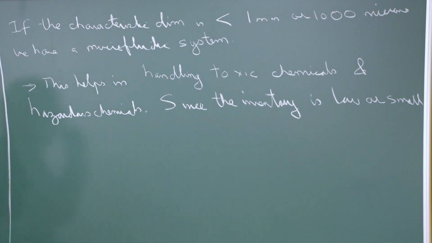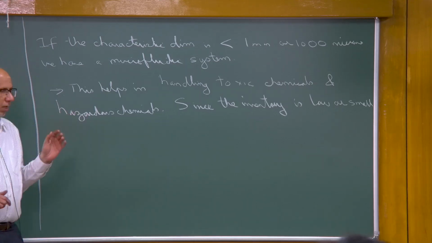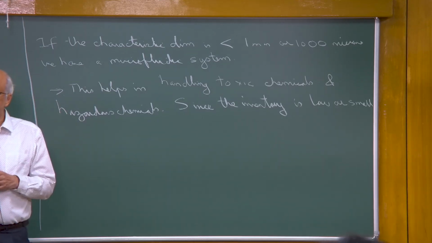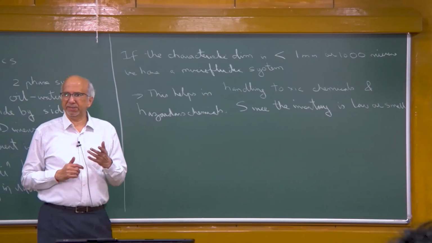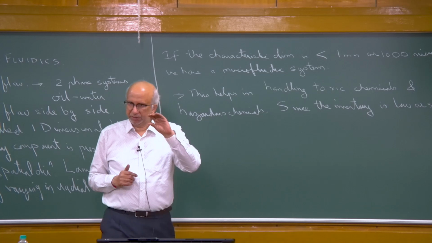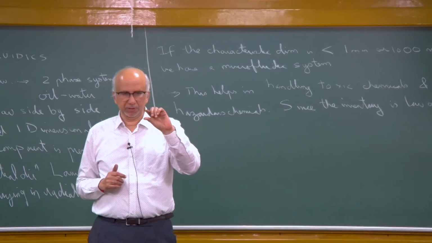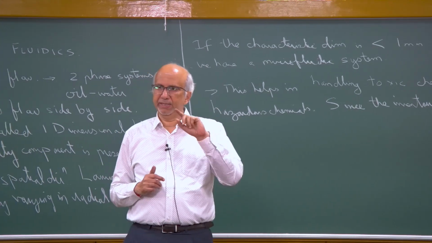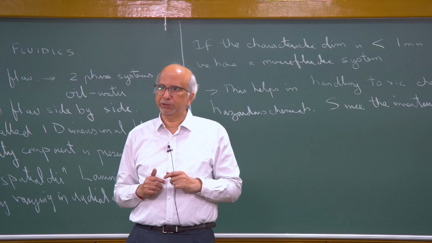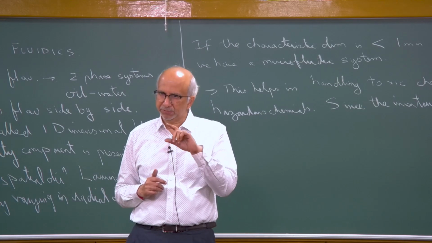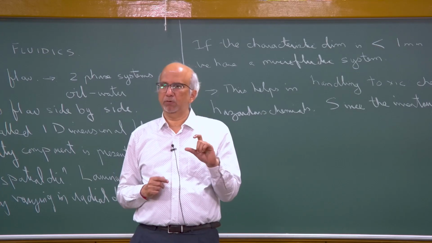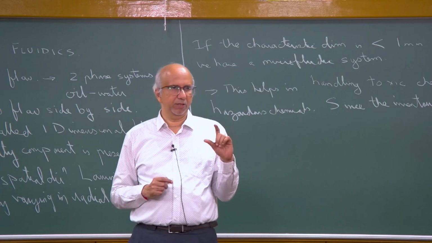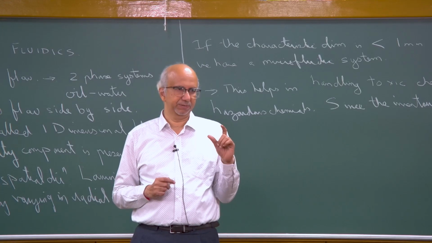So, that is one of the advantages. The other thing is, since you are talking about very small sizes, small volumes, small pipes, the surface area to volume ratio is very high. Because of this, it has very good heat transfer characteristics.